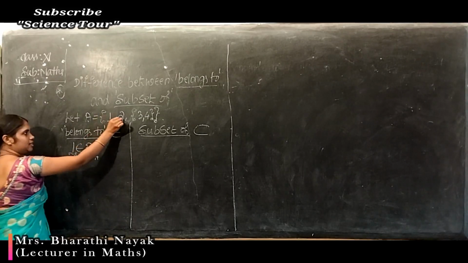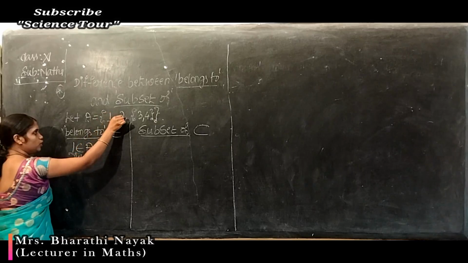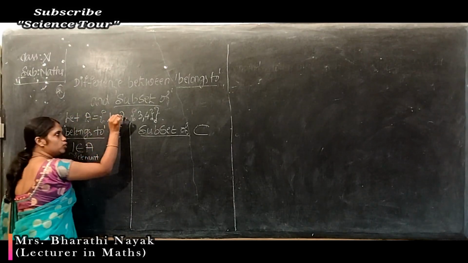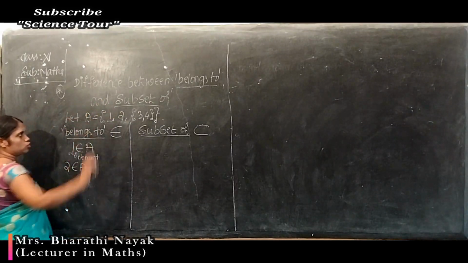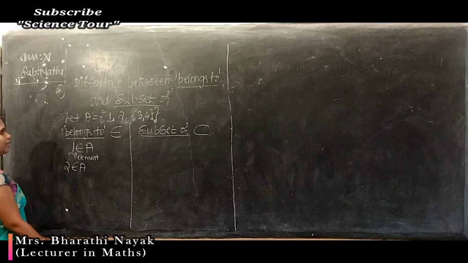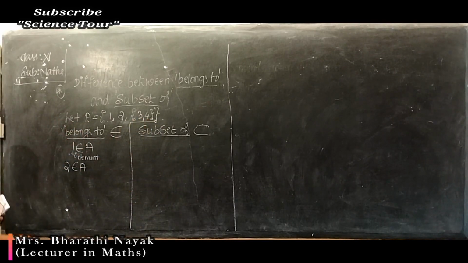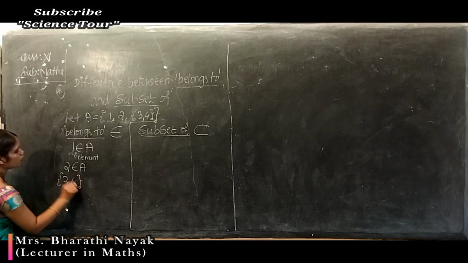Next, another element, 2. Again 2 belongs to set A. 2 is one of the elements of A. Next, the third element: the set containing 3, 4.